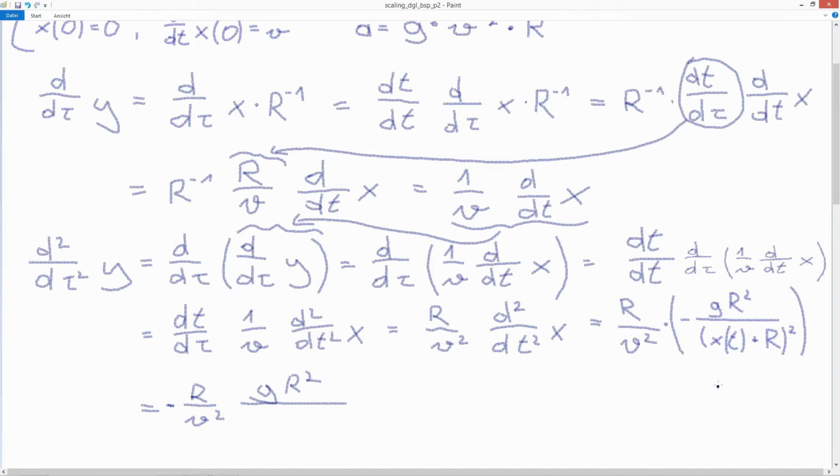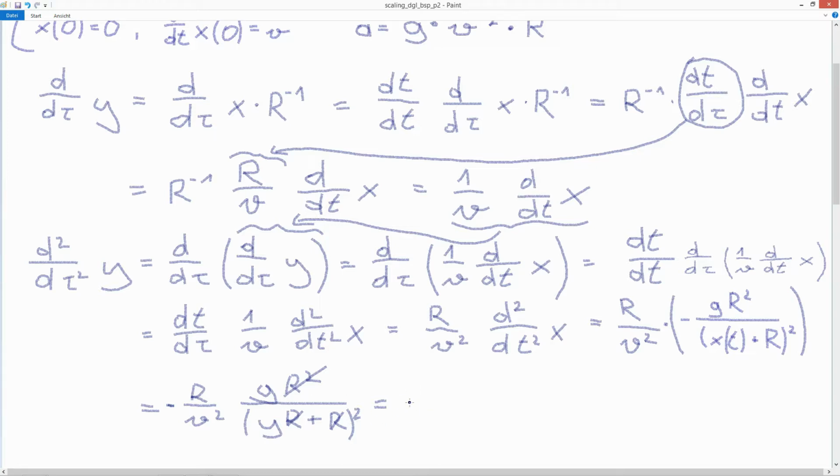So we insert this x here, so we get y r plus r squared. Now we bring this r outside here, which leads to, so we can do it like that.